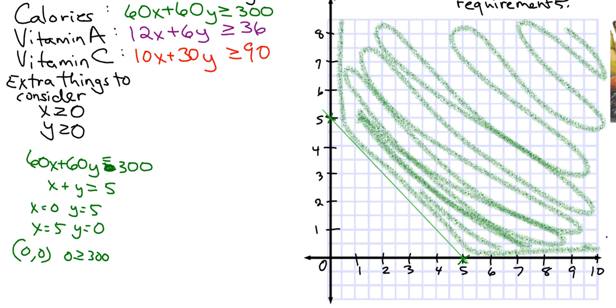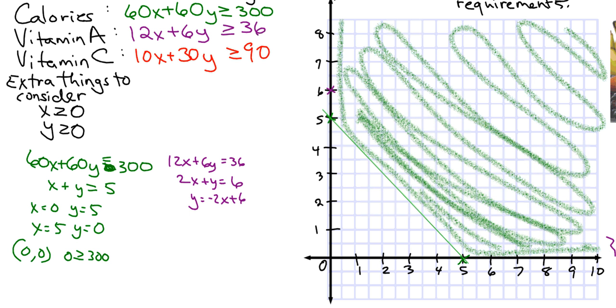So if I go above that, it's not really an issue as far as that's concerned. Then I'm going to take my next constraint, which is 12x plus 6y is greater than or equal to 36, but I'm going to set it equal to 36. I can divide everything by 6, so 2x plus y is 6. If I want that in slope-intercept form instead of checking points, y is negative 2x plus 6. So our intercept is 6.